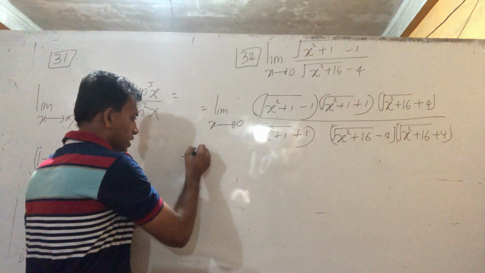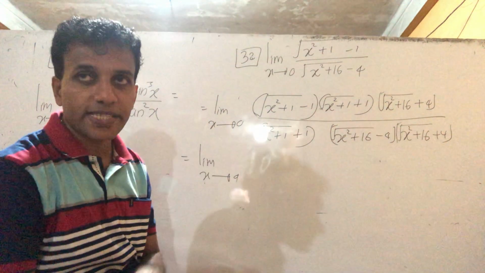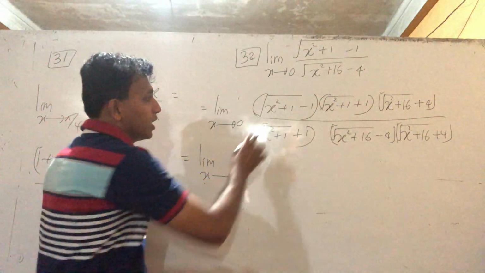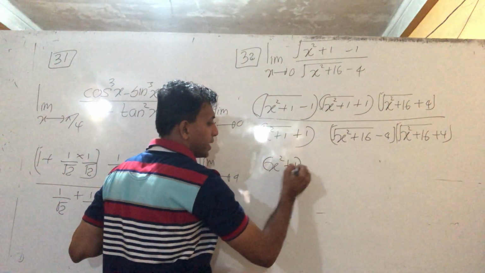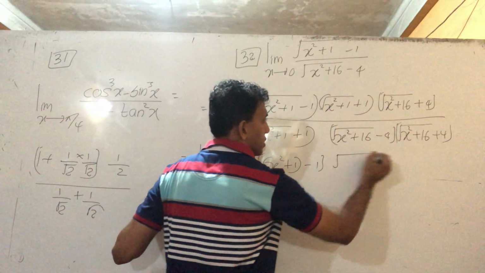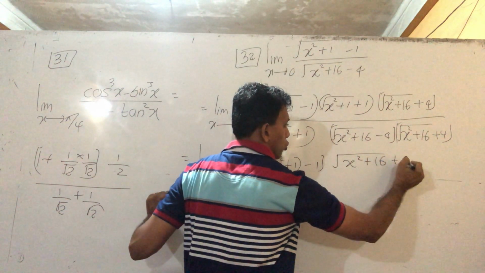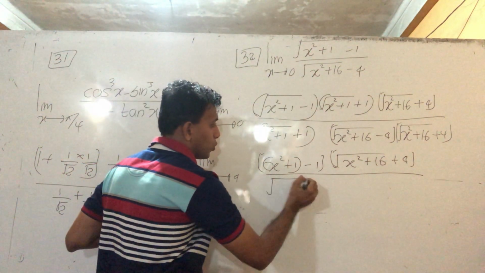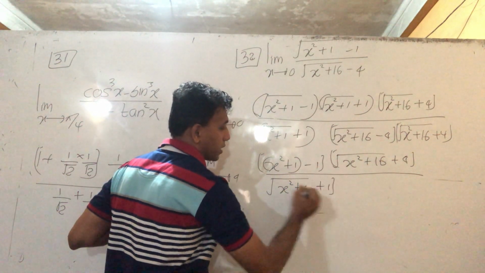So wherever you use the conjugate idea, it becomes factorization form. Take these 2, then only the square root vanishes. A minus b, a plus b, a square minus b square. Okay, and remaining there square root x square plus 16 plus 4 over also square root x square plus 1 and outside 1.